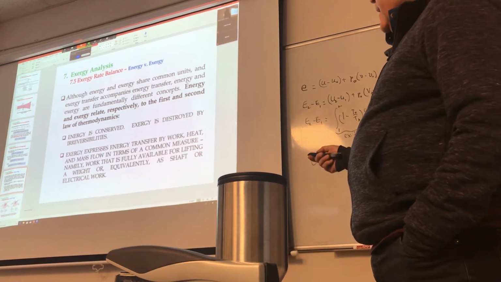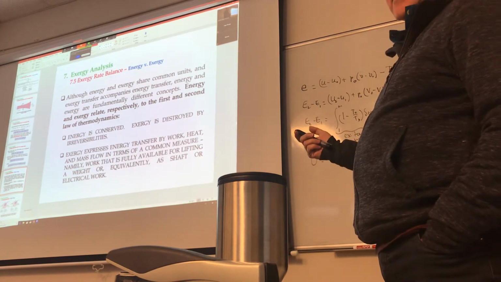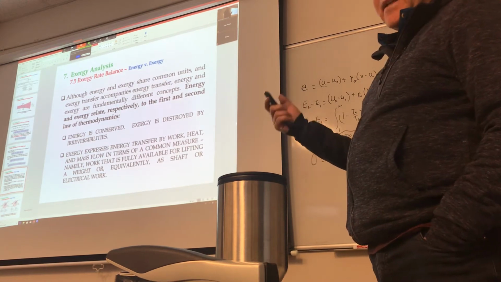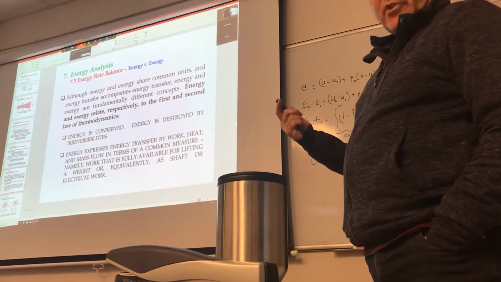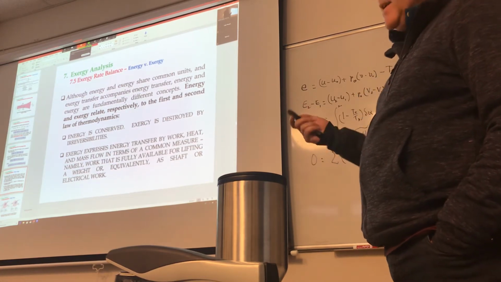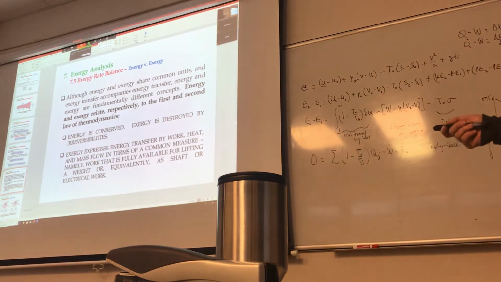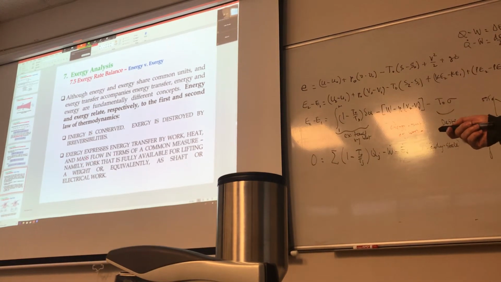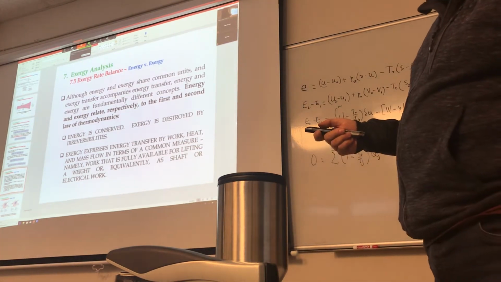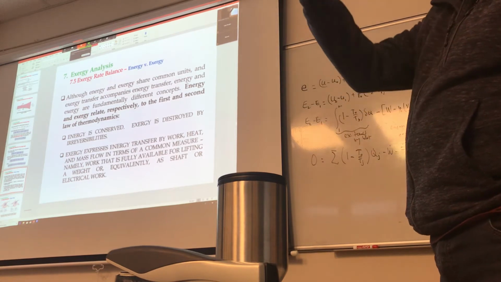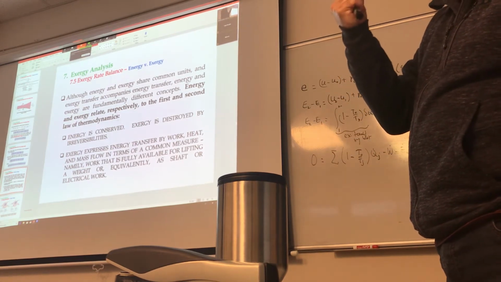And in the second law of thermodynamics, we said that you've got entropy increase, entropy production, when you have irreversibilities. So exergy expresses energy transferred by work, heat, and mass flow in terms of a common measure, namely work that is fully available for the lifting of a weight or a shaft or electrical work. In other words, all those irreversibilities are going to take away from the energy that is available to you.